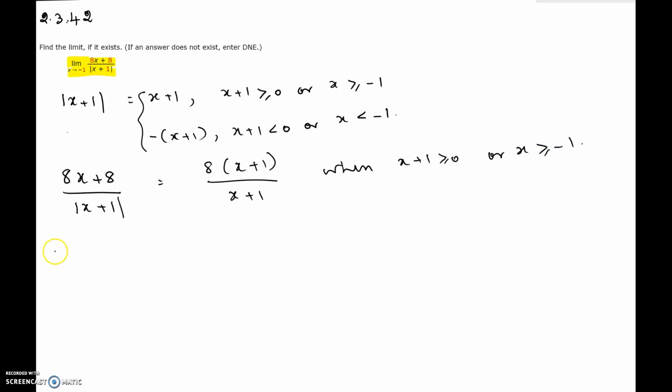So let's consider the limit now. Limit as x approaching negative 1 of (8x + 8) over absolute value of x + 1.